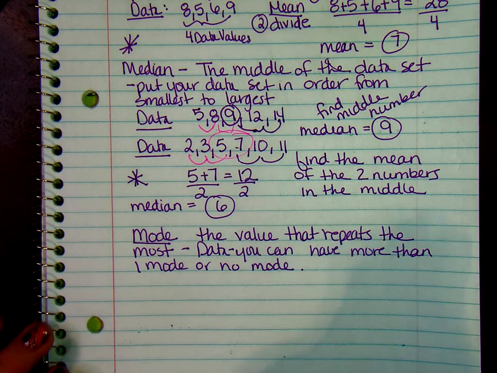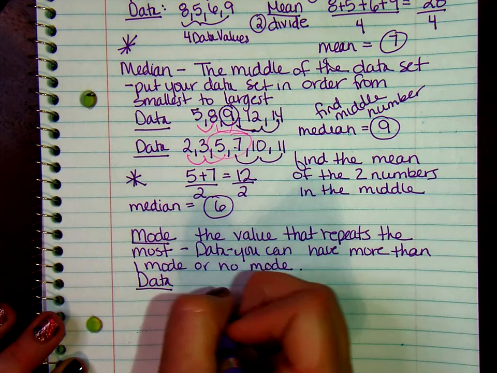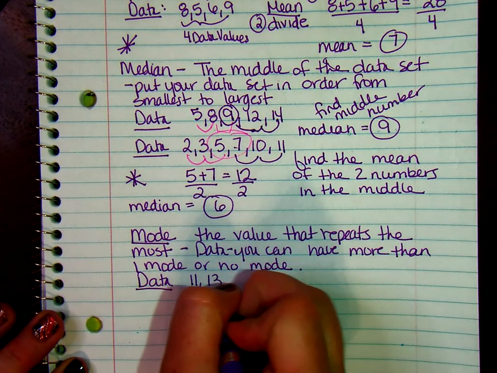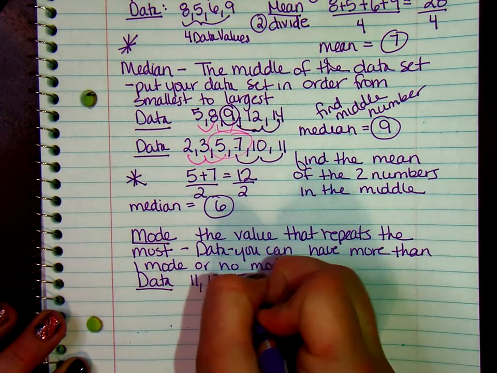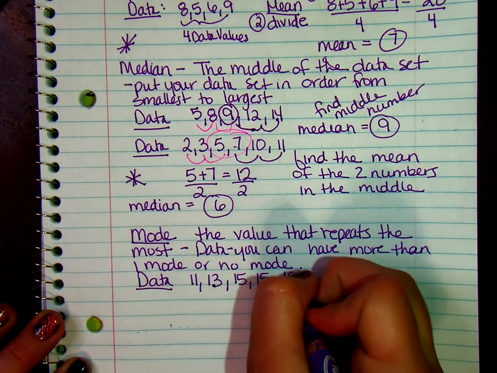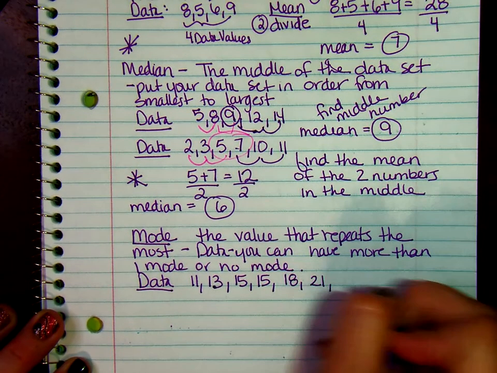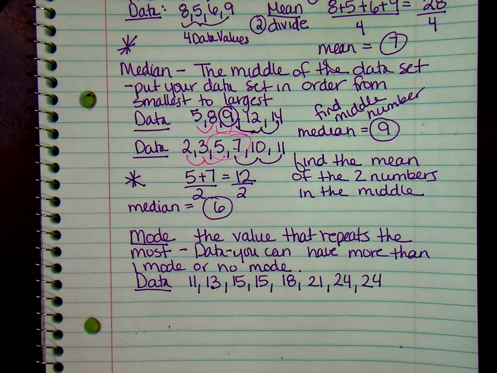So let's put this into action. Here's our data. Let's do 11, 13, 15, 15, 18, 21, 24, and 24.